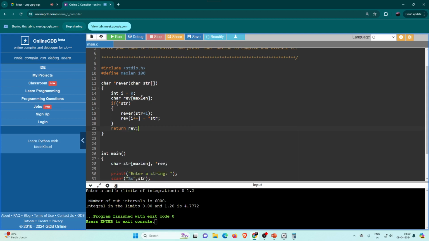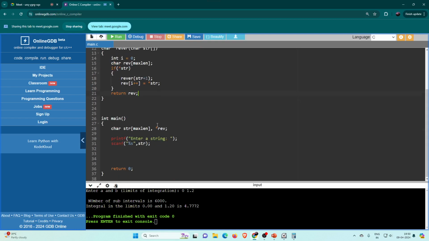So we are using the stack functionality of recursion here. I'm traversing through to the end, so the if will be false when I reach the end. That way only rev will be left, right? I am storing my string here in rev at each point.